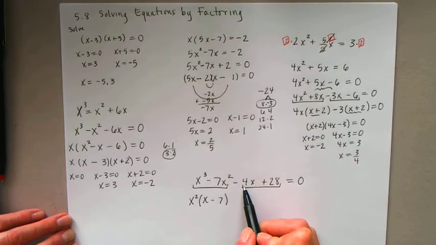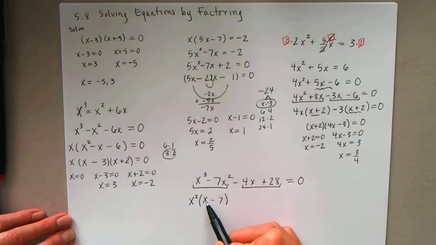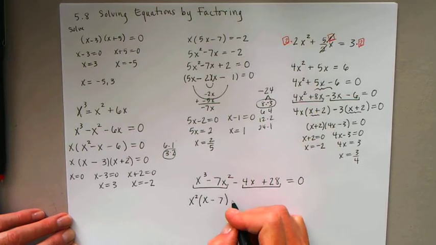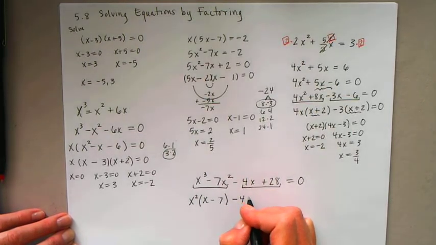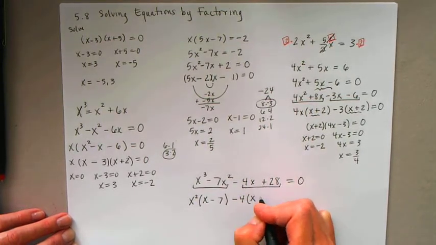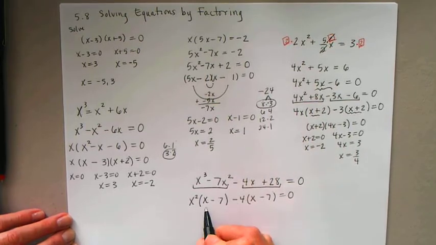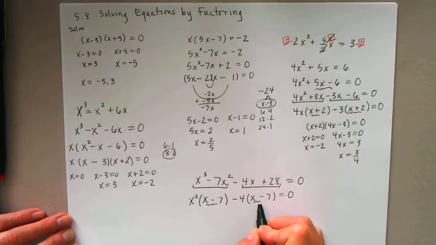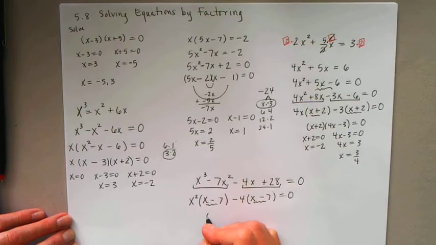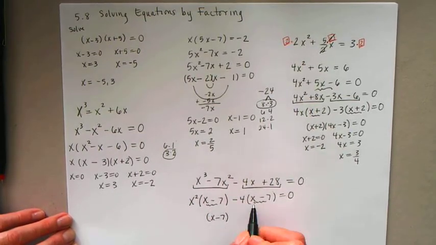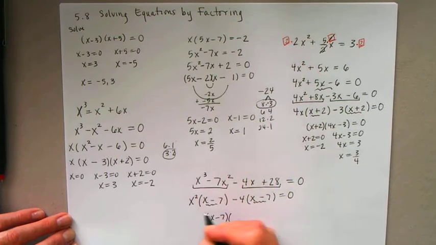Right here, I'm going to go ahead and factor. Because I want the signs to match up, I'm going to take out a negative 4, because then that will give me positive x, and look, negative 7. So it's important that you keep that sign right, because that makes those the same. Then I can factor that common part of the 2 terms out, leaving me x squared minus 4.